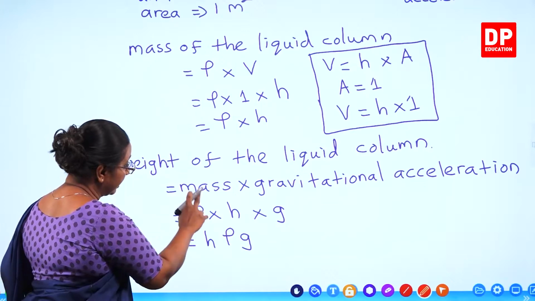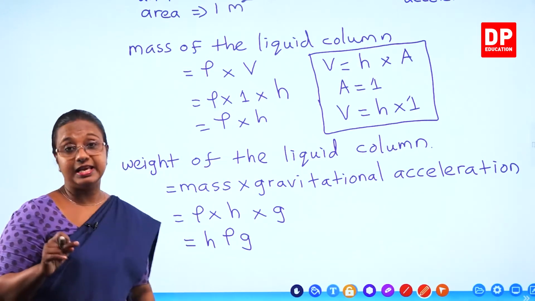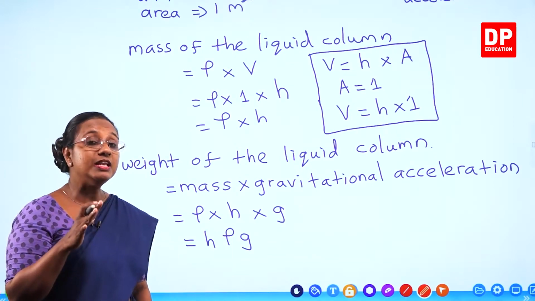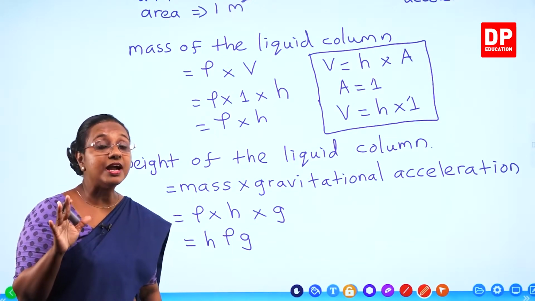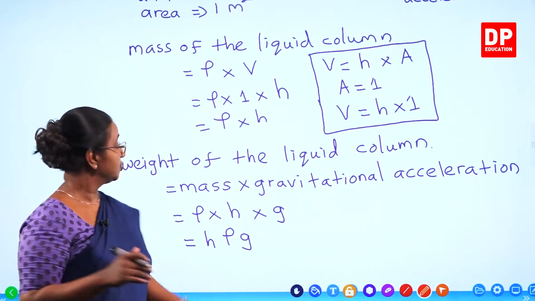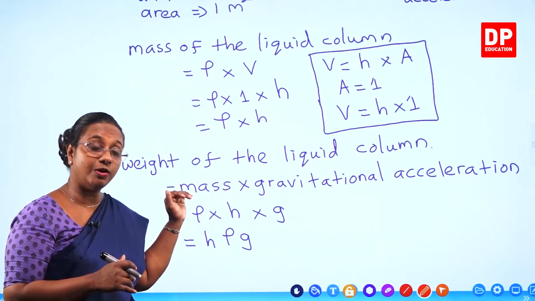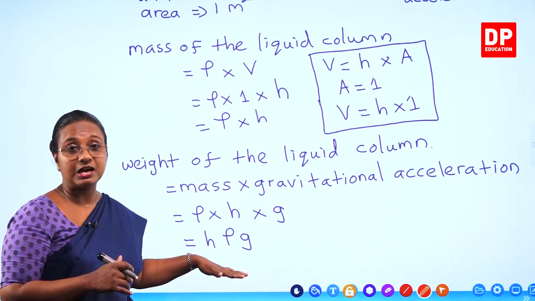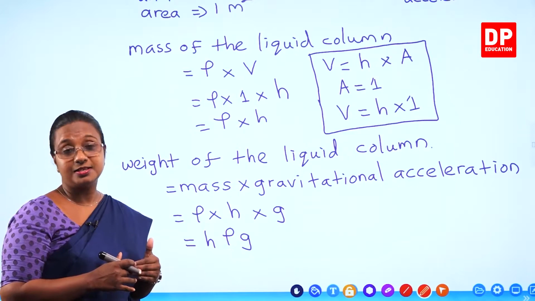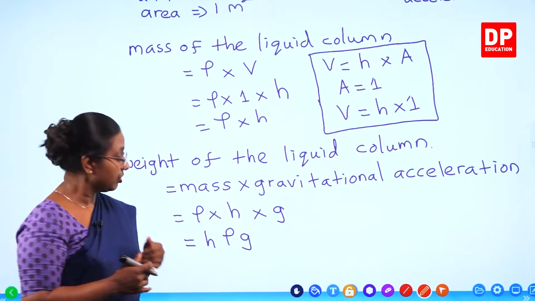So, here this weight is acting on a unit area. How did we define pressure? We define pressure as force acting on a unit area. So, we have found the weight, that is the force exerted by the liquid column on a unit area. So, what is the pressure exerted by that liquid column? It is going to be h rho g.